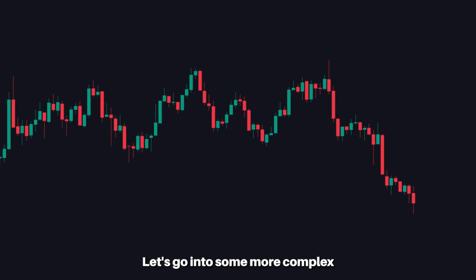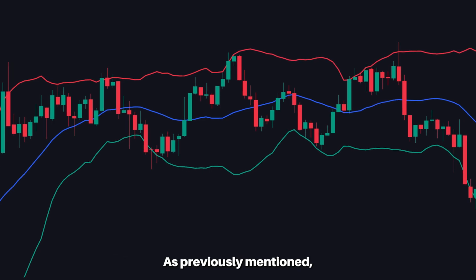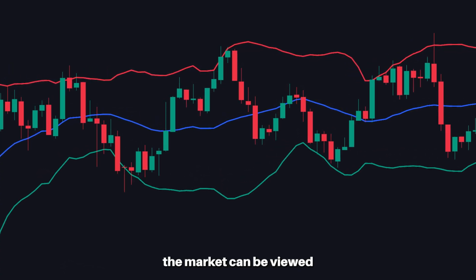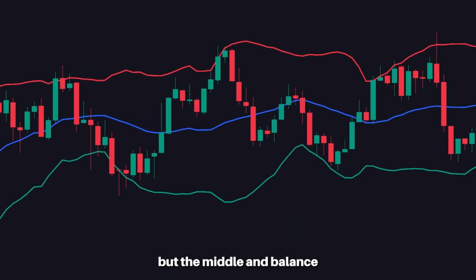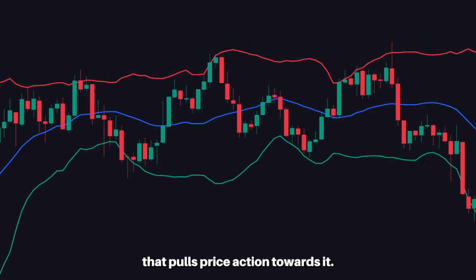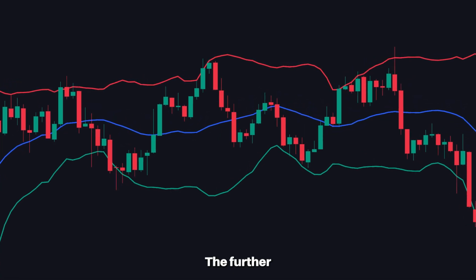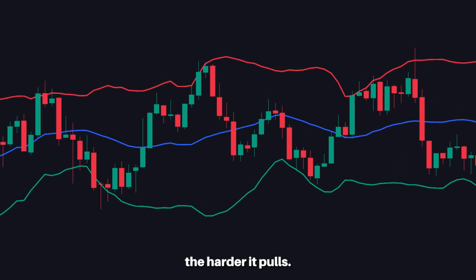Let's go into some more complex indicators. We also have the famous Bollinger Bands. As previously mentioned, the market can be viewed as a rocking horse, but the middle and balance point of the market can be looked at as if it were a magnet that pulls price action towards it. When using Bollinger Bands, that midline is essentially the magnet. The further the price gets from this magnet, the harder it pulls.